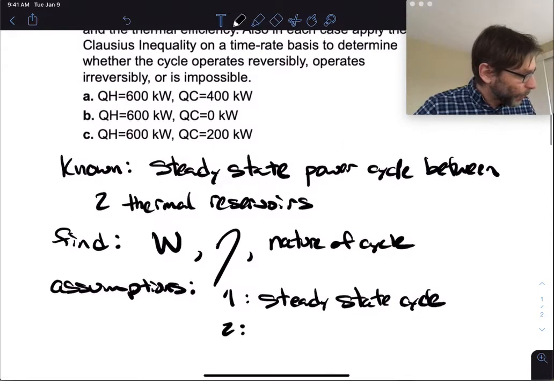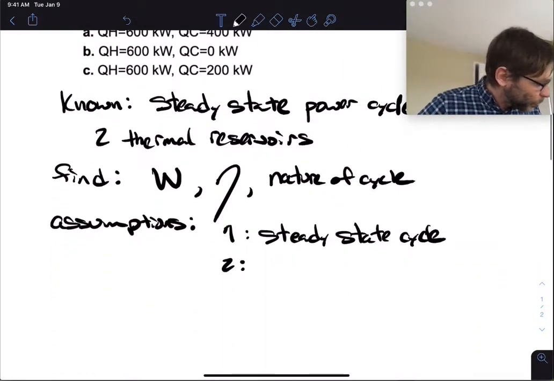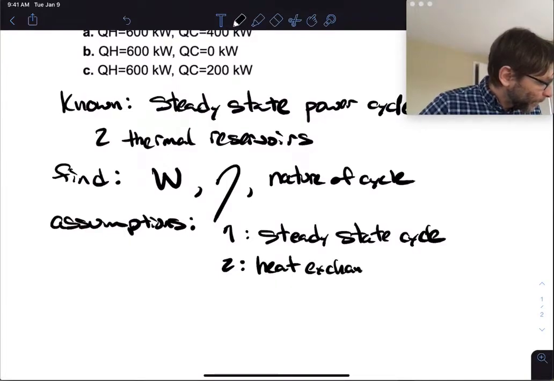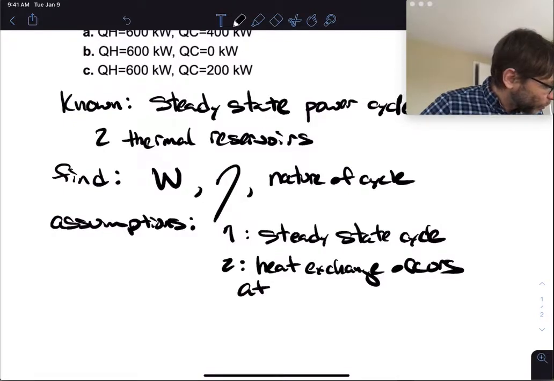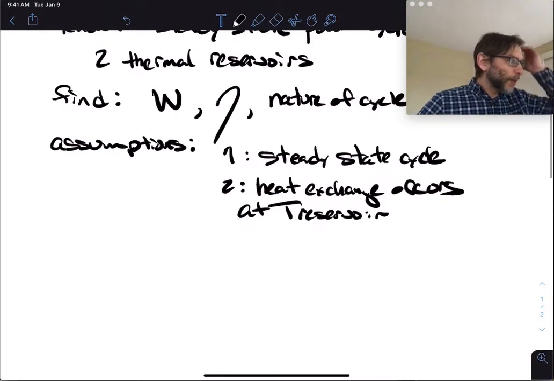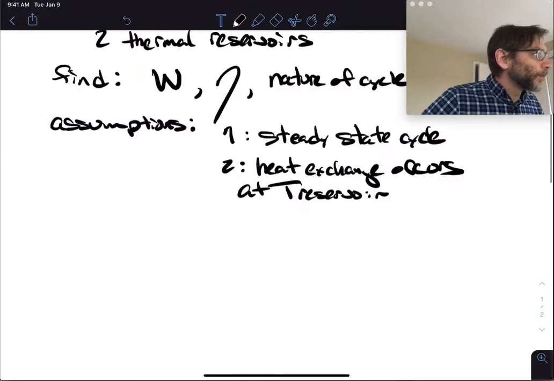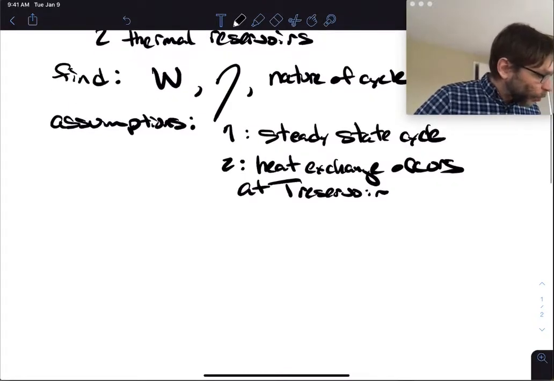Two, we're going to assume that these are perfect reservoirs, that the heat exchange occurs at the temperature of the reservoirs. I think that's pretty much it. We don't need to make many more assumptions like that. Am I missing anything? No. We're going to use normal sign conventions.